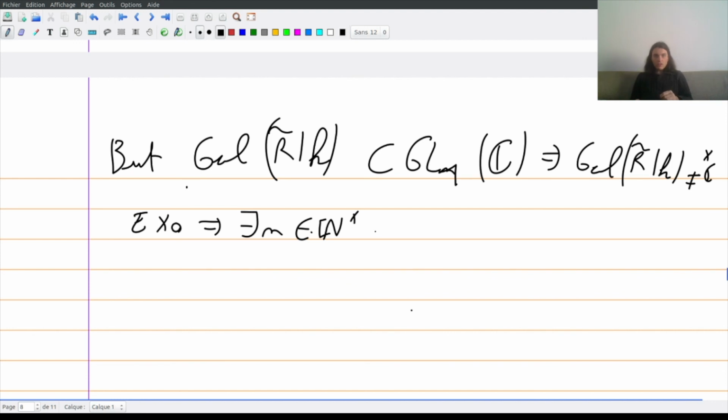So there exists n such that G may be seen as the complex numbers that are n-th roots of unity. Okay?